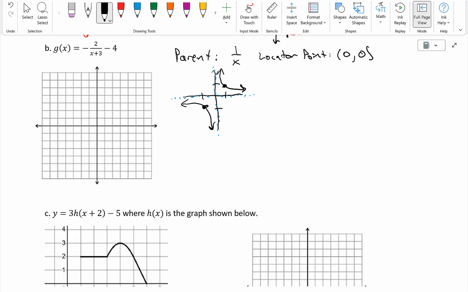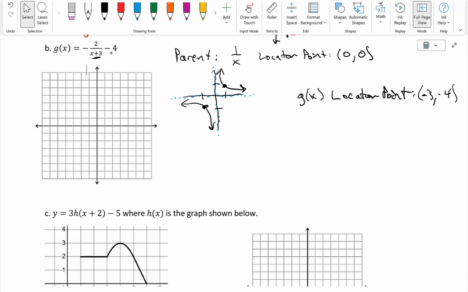So for our new function, for g of x, our locator point is -3, -4, right? We have that x minus h down here under the function. So if it's x minus something, it's minus a negative 3.